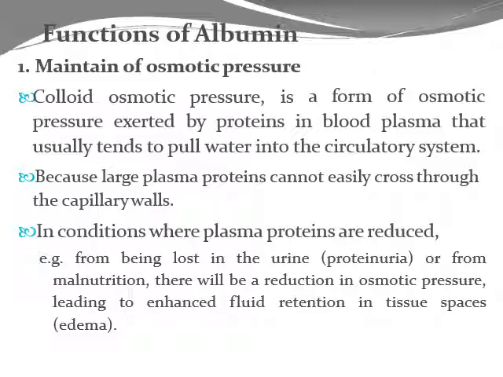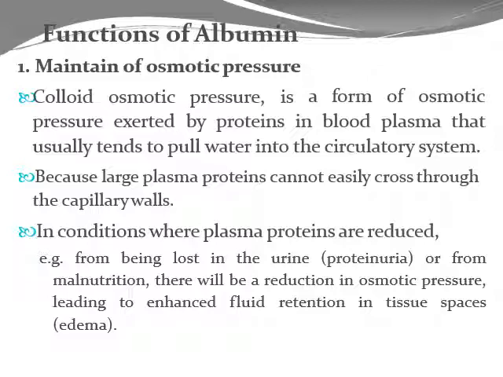So in cases where we have a reduced amount of plasma proteins, let's say we have loss of protein through our kidneys into the urine, the condition known as proteinuria, or let's say your diet does not consist of a sufficient amount of protein, there can be a reduction in the osmotic pressure.